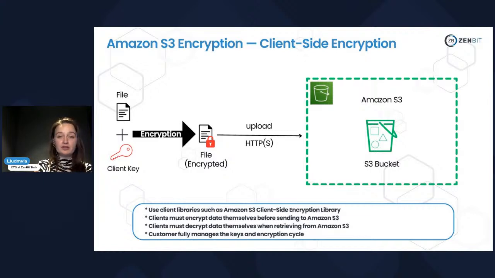You can use client libraries such as the Amazon S3 client-side encryption library for encryption, and the customer fully needs to manage the keys and encryption cycle. So AWS is not responsible for key storing.